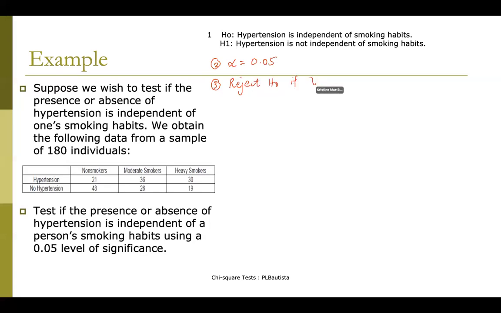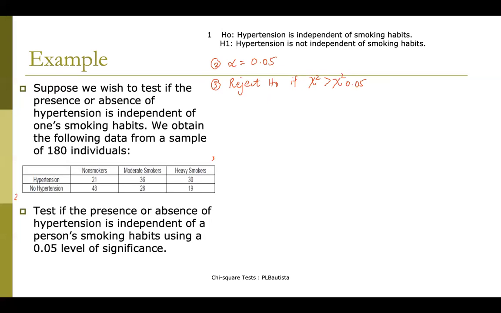if the chi-square test statistic is greater than chi-square of 0.05 and the degrees of freedom is r minus 1 times c minus 1. In this case, you have 3 columns and you have 2 rows. So 3 minus 1 is 2 and 2 minus 1 is 1.